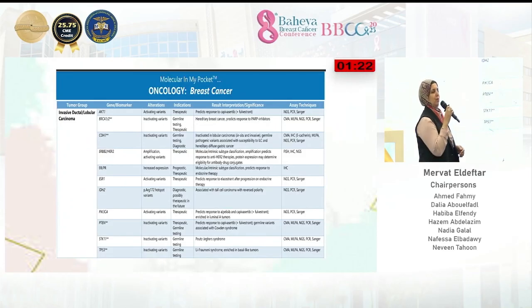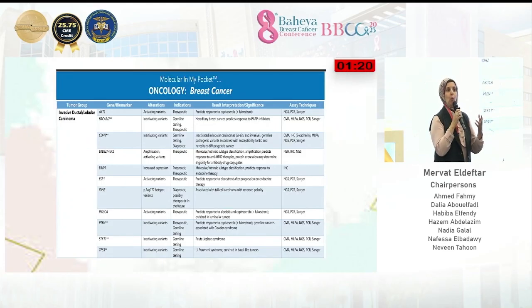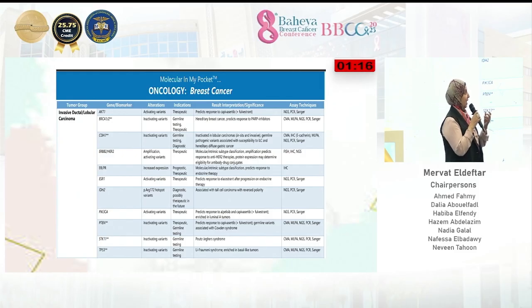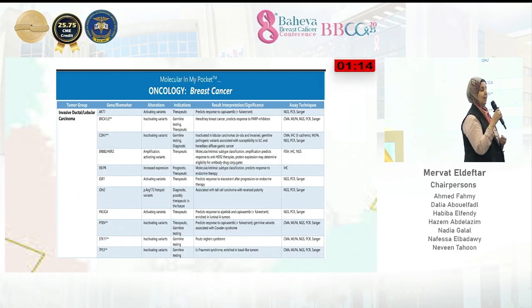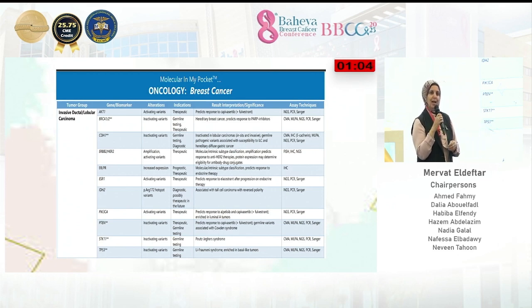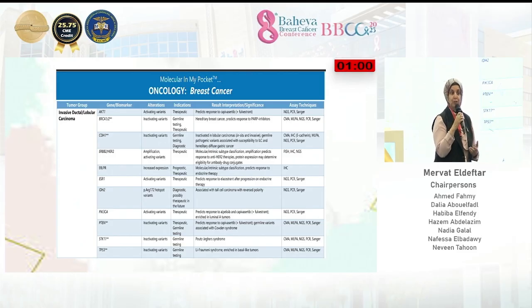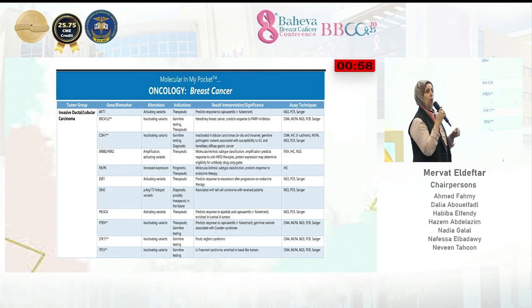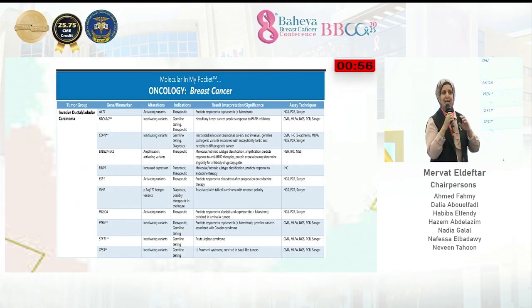When I want to know what are the current assays that I want to implement in a molecular biology lab, I go for very nice cards called Molecular in My Pocket. They are made by AMP, the Association of Molecular Pathologists, and they put all the tests that they recommend in a chart.